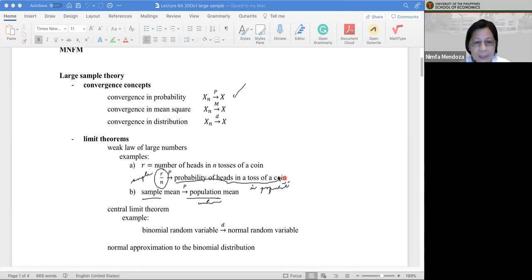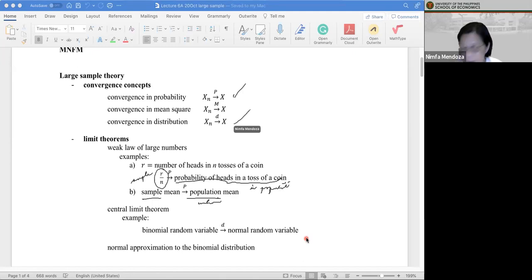For the central limit theorem, I think we will be taking two versions. One of the central limit theorem says that the binomial random variable approaches the normal random variable in distribution. So you need this concept.